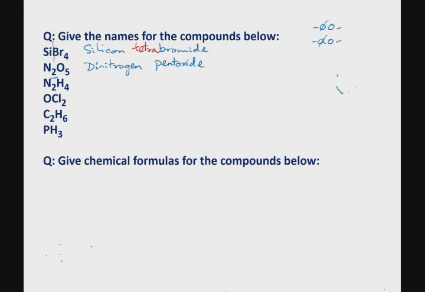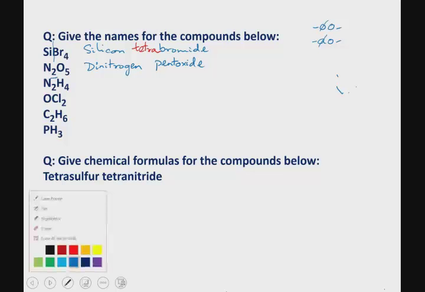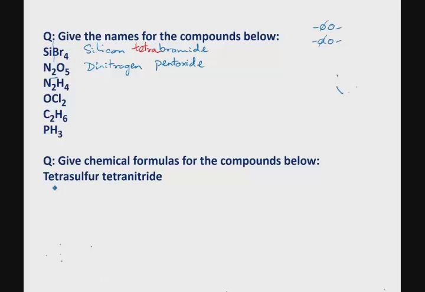As before, it is important to go from the chemical formula to the name, but it is equally important to go in the other direction. In other words, if you were given the name of a compound, you should be able to write a chemical formula. Now, when you see a name with prefixes, that is a huge hint. The replicating prefixes, as I said before, are only used for non-acidic molecular compounds.